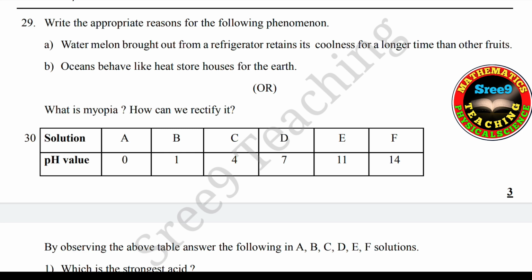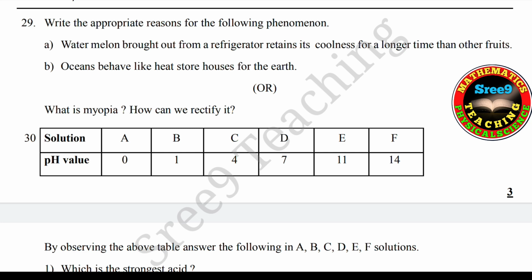Because of specific heat, if water is heated, it does not lose the hotness for a longer time. It retains the hotness. Or if it is cooled, it does not lose coolness in less time. It takes more time because of specific heat. So for oceans also, you will see the answers in the answer sheet.